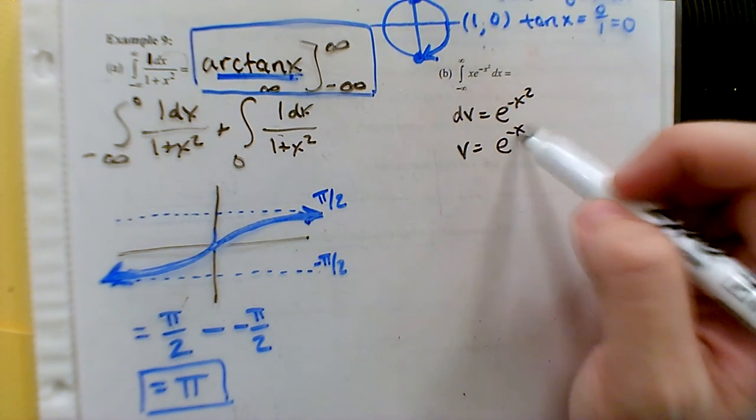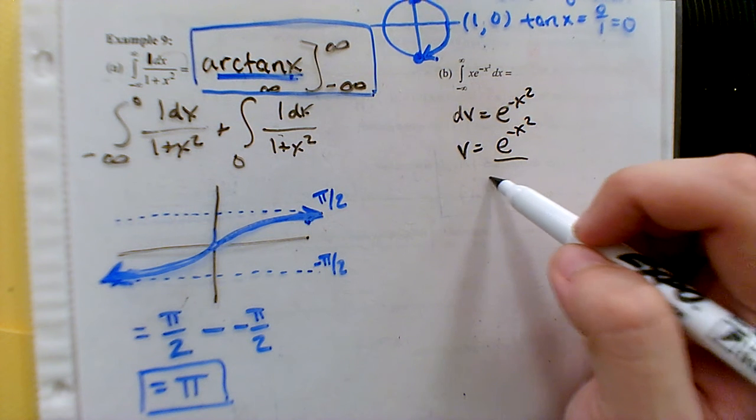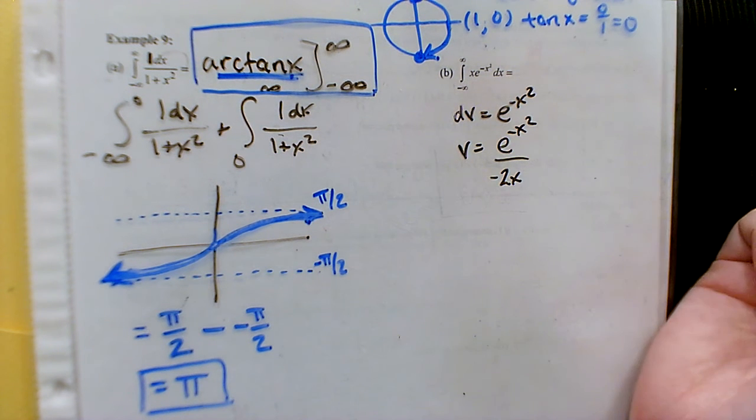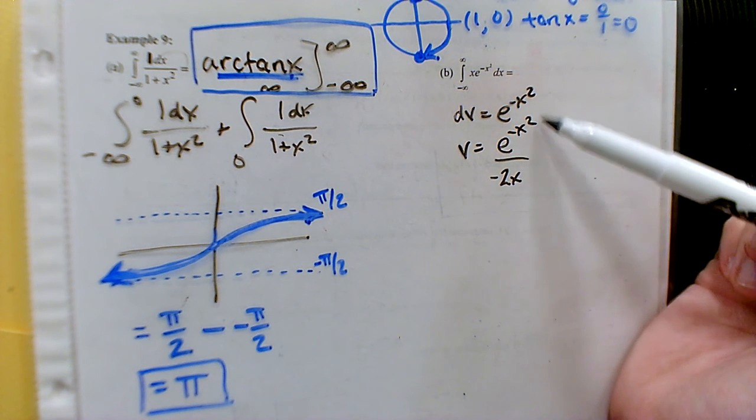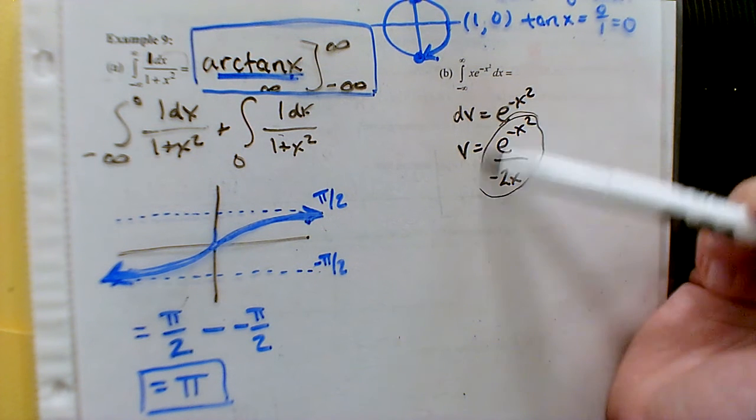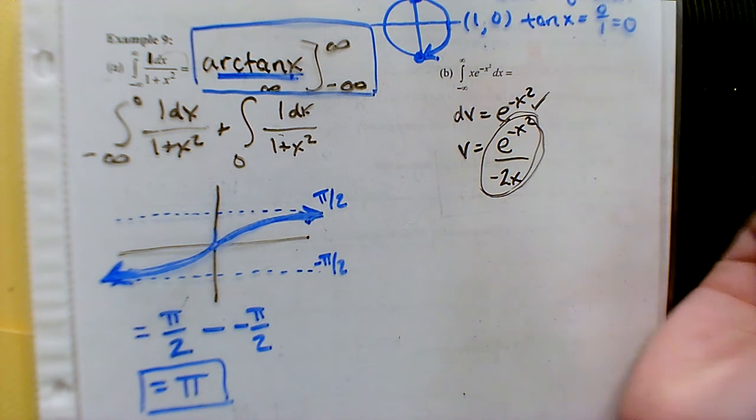So we're saying e to the negative x squared over negative 2x, is that right? So you're telling me if we were to take the derivative of this, then we should get that, right? That's how we would check our work for antiderivatives.